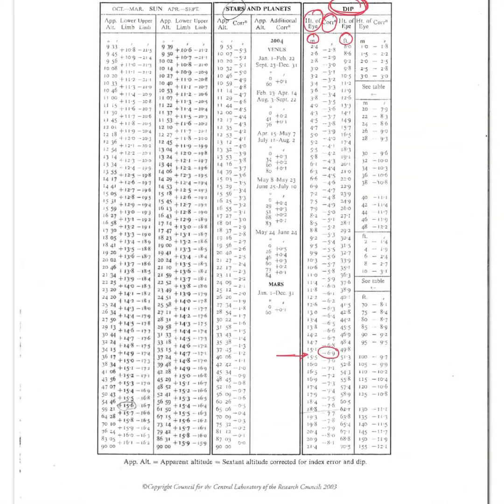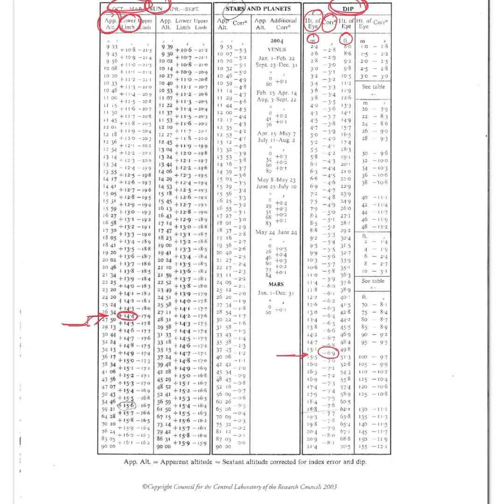So when I go back into the same table, you can see the total correction for the sun is given here. For October to March, it's here, lower limb is here, and the apparent altitude value is here. So apparent altitude value was 27 degrees 28.6, which should be somewhere, not there, but here, right, between 26 34 and 27 50.